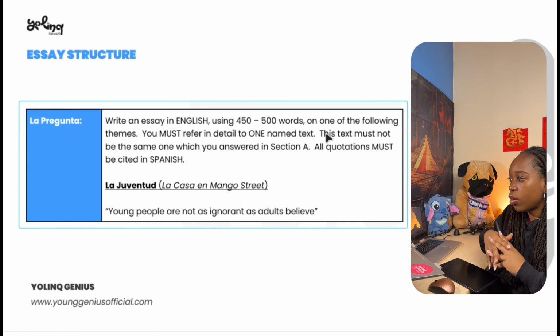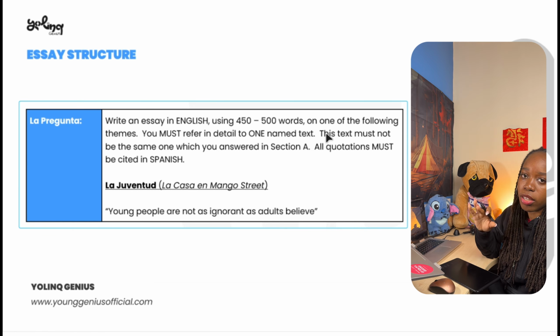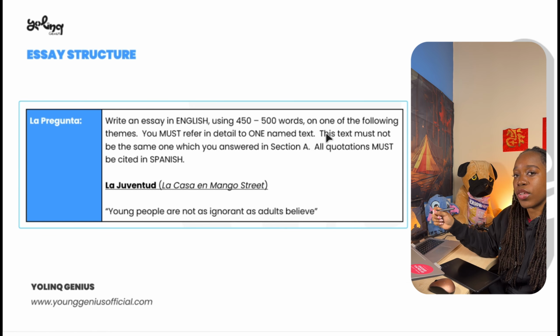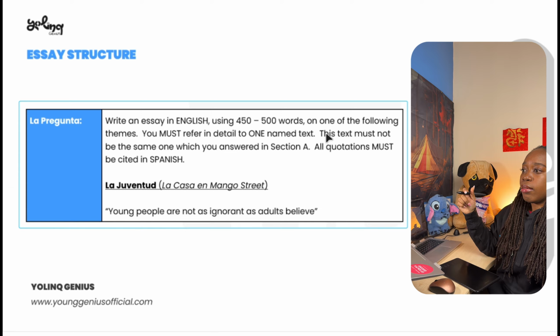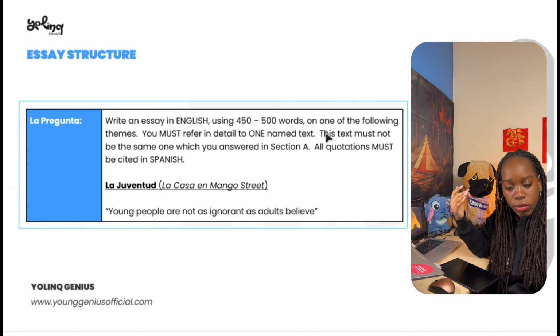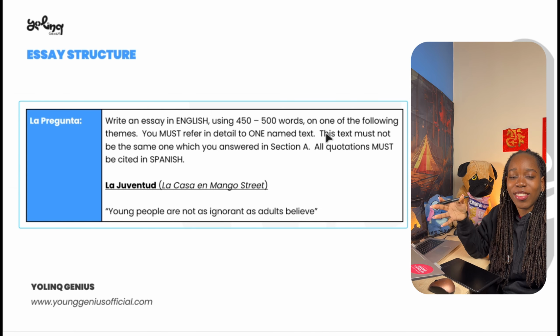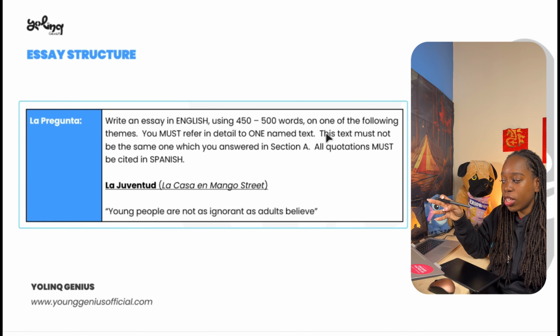So, the standard 5-point structure essay has these parts: an introduction, your body, right? And of course each body paragraph is dedicated to a single point. You don't want to mix your points in different body paragraphs.